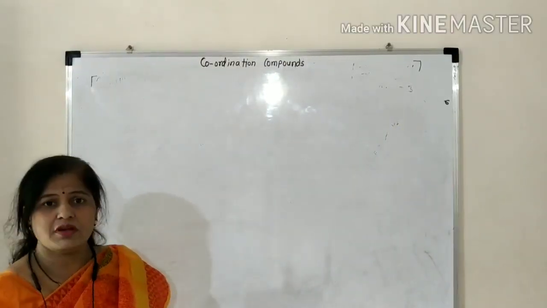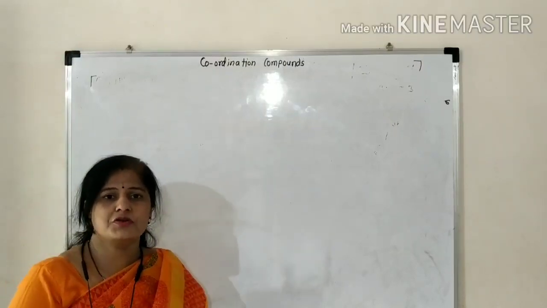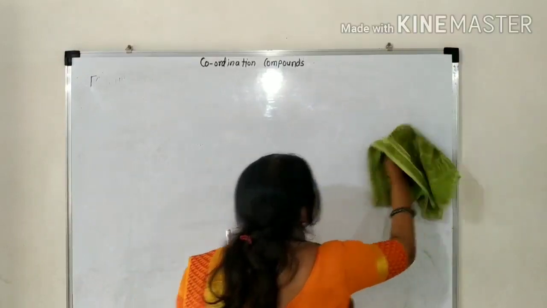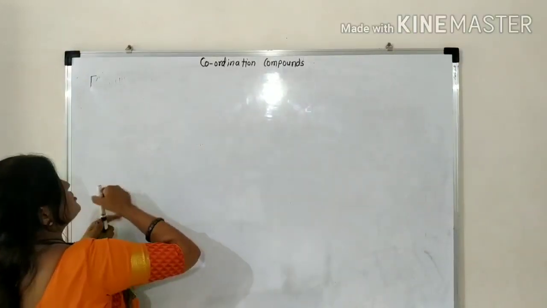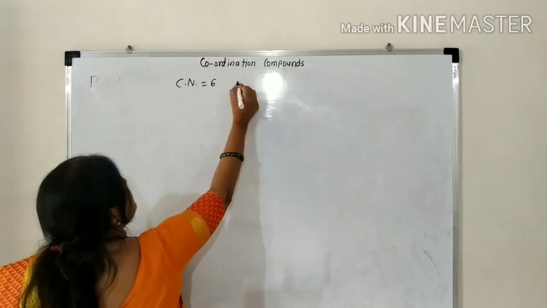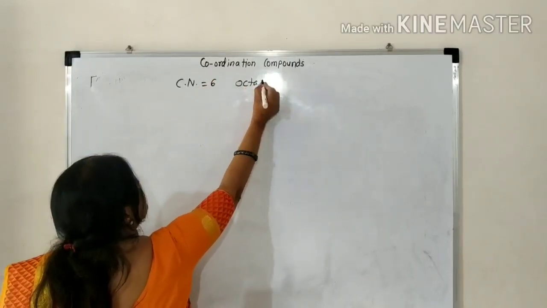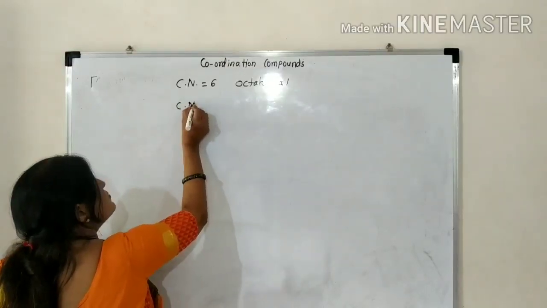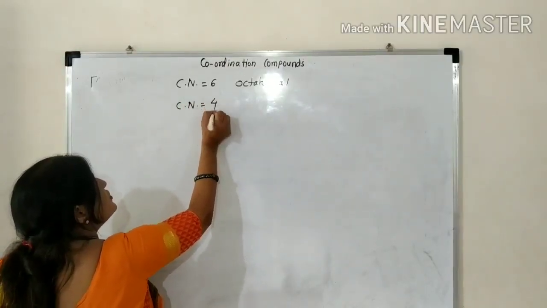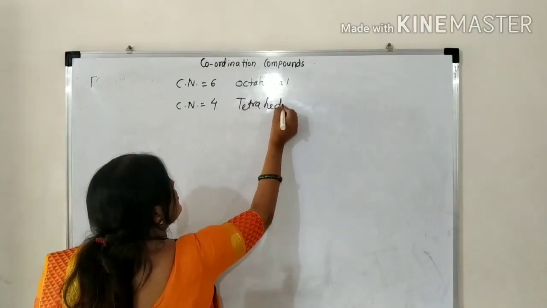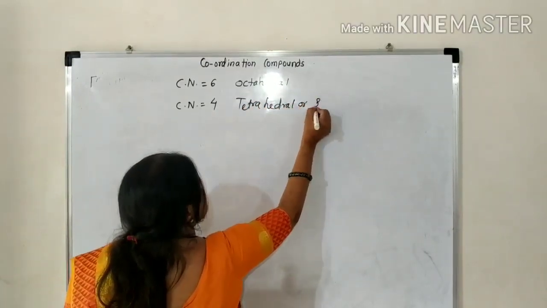Note it down: if coordination number is 6, geometry is octahedral. If coordination number is 4, then geometry will be tetrahedral or square planar.